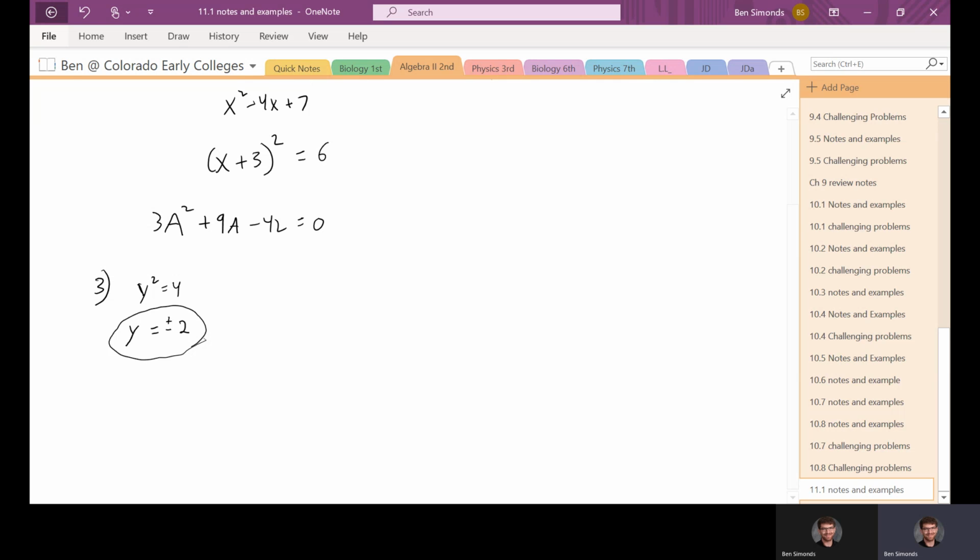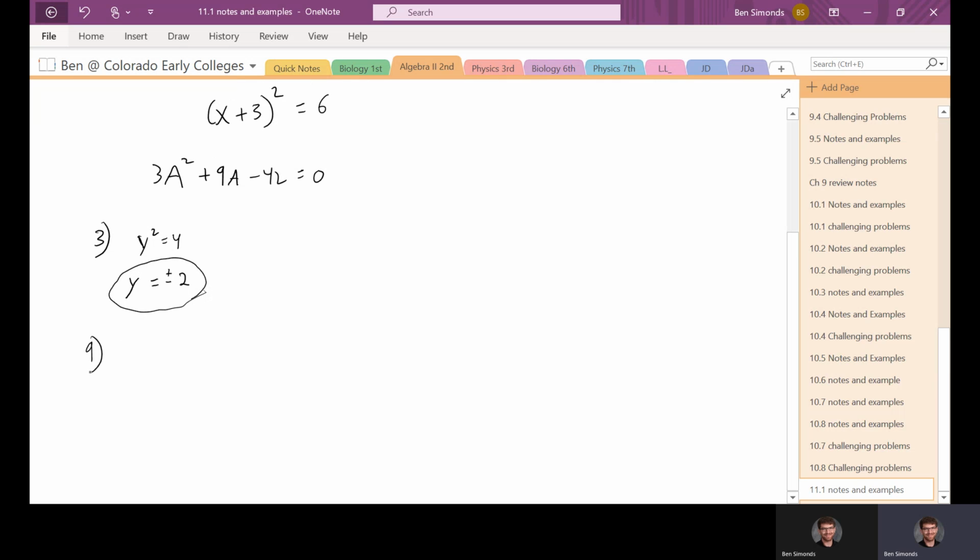So now let's look at when this gets a little more complicated. Number 9 here. This is when we have one of those groups squared. So instead of x, q plus 3 is squared, and that equals 4. Well, we need to get q by itself. You might be tempted to subtract 3, since we've got a plus 3 and we want a minus 3.